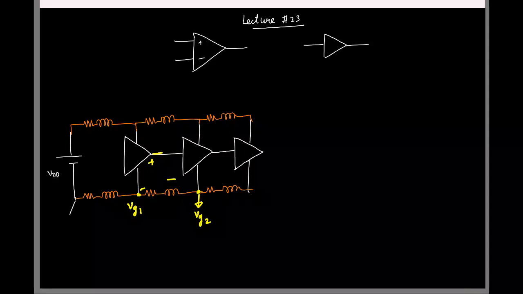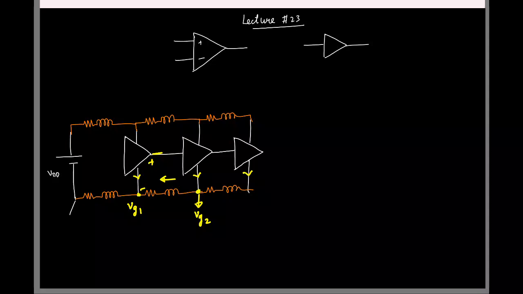Because there is going to be some current flow in this path, and that is going to change this voltage. Is that right? And this current obviously will be dependent on the current consumed by all the other blocks, right? It is the current returning back to the ground, and this will have components of the current consumed by all the other blocks, like all these currents, a fraction of them will be returning back, isn't it?